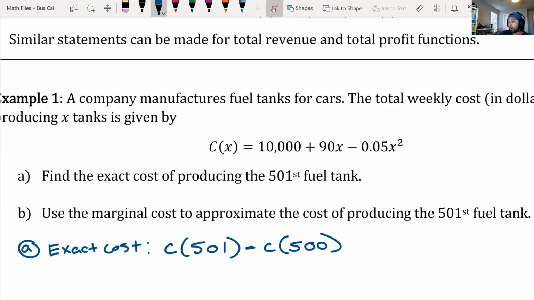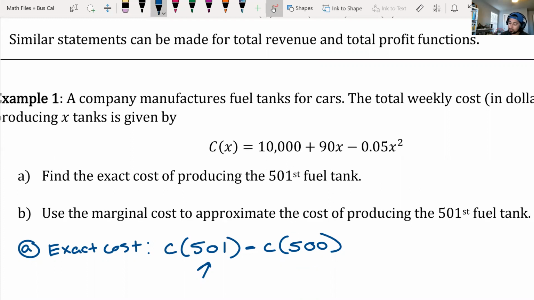So we do 501 minus 500, and this will give us the exact cost of the 501st fuel tank. So a good rule is whatever number goes in for the second input is always one less than what you're plugging in here. So if that's 501, you'll plug in 500. If it's 502, you'll plug in 501. So it's always one less.